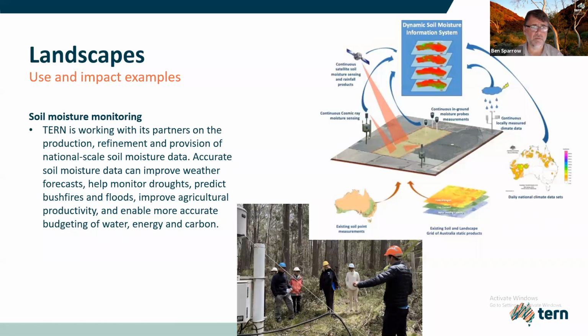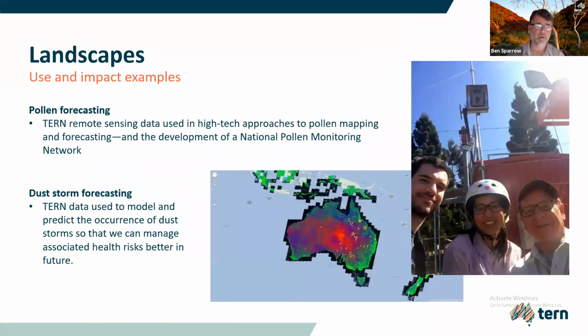So there's soil moisture monitoring that occurs, and the modelling that goes with that to enable soil moisture products to be provided to the community. There's pollen forecasting, which has had a reasonable amount of uptake, so that you can understand when there's high amounts of pollen in the air. And the same with dust storm forecasting, so the ability to detect when dust storms are likely and where they're going to have their impact.